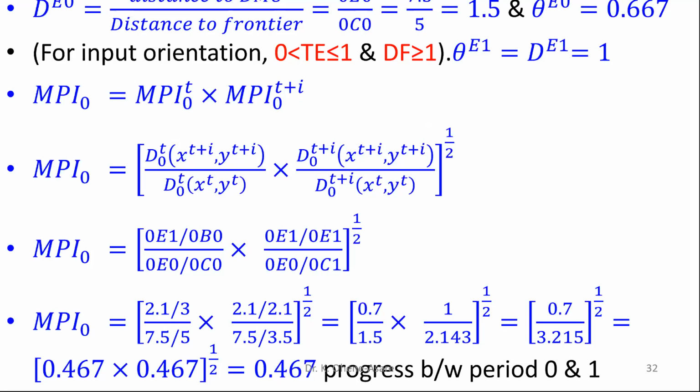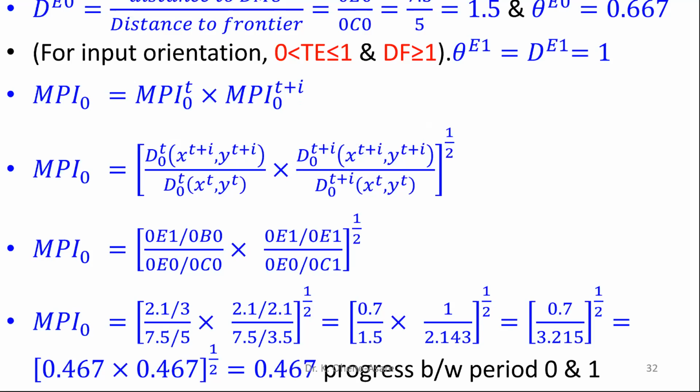In an input-oriented distance function, a Malmquist value lower than 1 is progress, equal to 1 is constant, greater than 1 is regress. So here, the value 0.467 is progress.